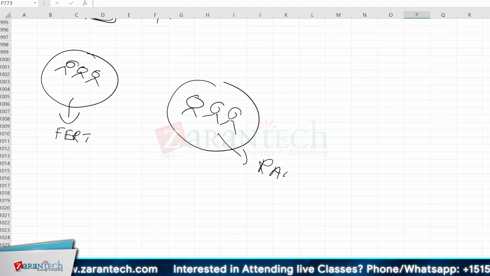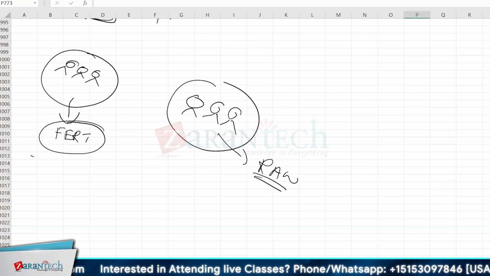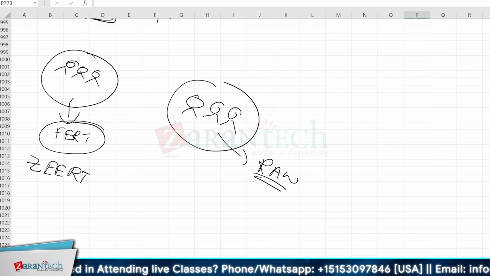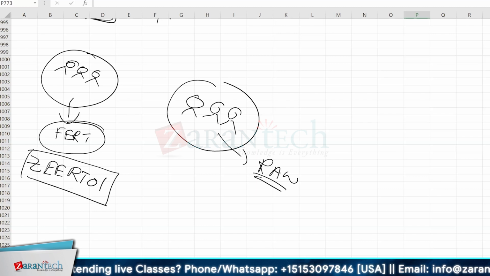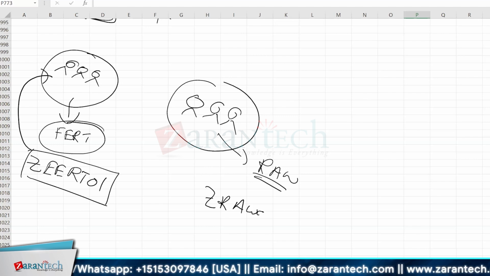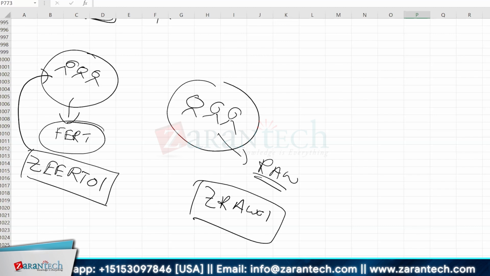So in this case, what I will do is I will create one CR type, Z FERT, let's say 01. This is the CR type which I create, and I will assign this to this user group. And I will create another CR type, let's say Z raw something 01, and I'll assign it to this user group.